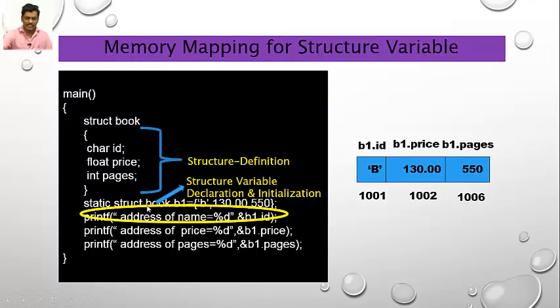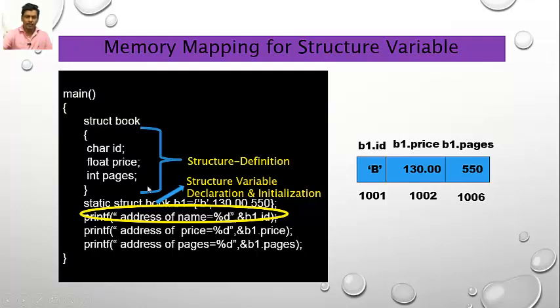The first line, static struct book b1 equal to 'b', 130.00, 550, is the structure variable declaration and initialization. Then the value 'b' is assigned to b1.id. b1 is a structure variable.